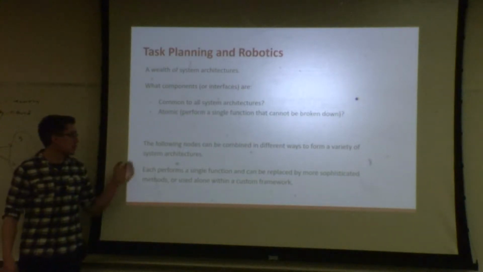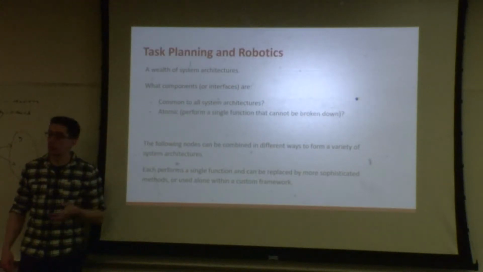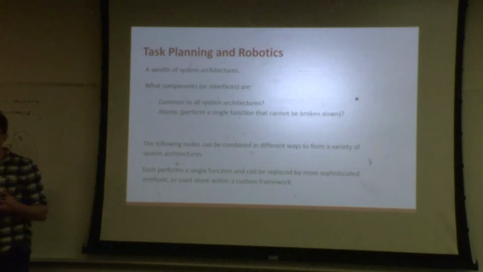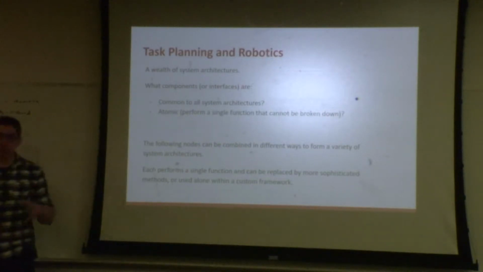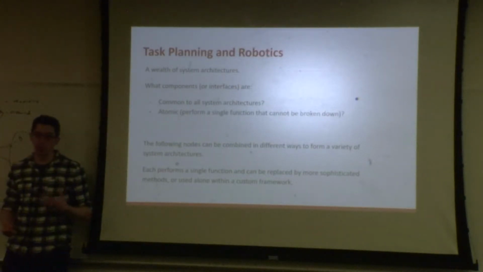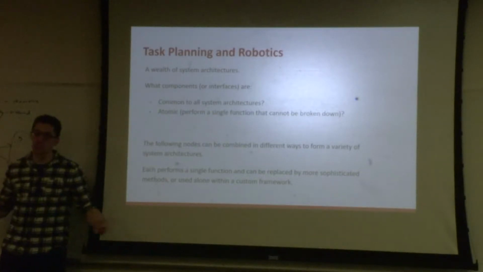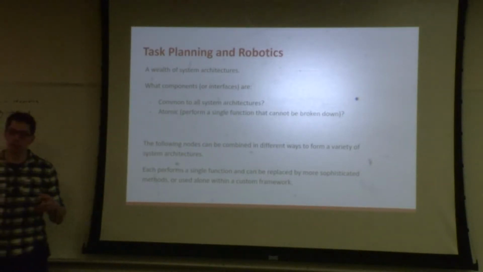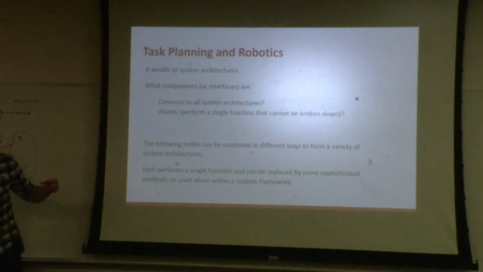And then, probably after the break, I'll show you some other ways in which these nodes can be combined to create different system architectures. For example, the one we used in Pandora for these long-term missions, where in fact there were many planning episodes and plans being merged.